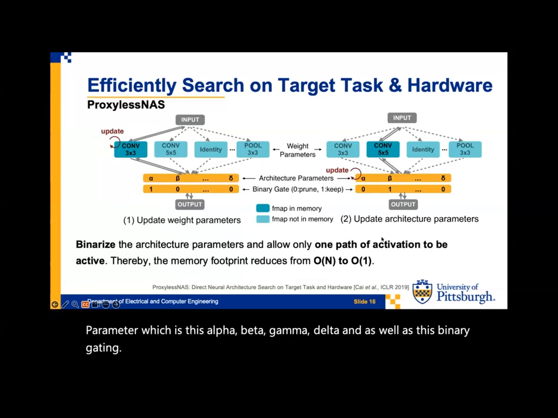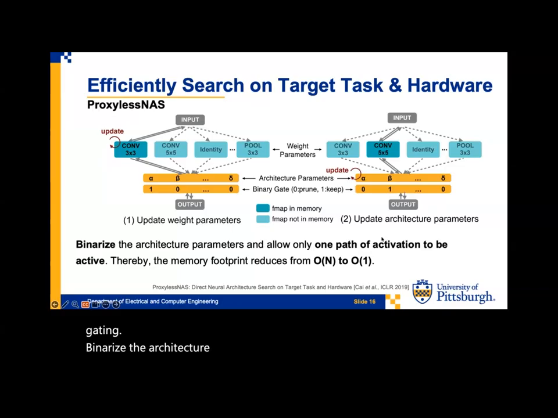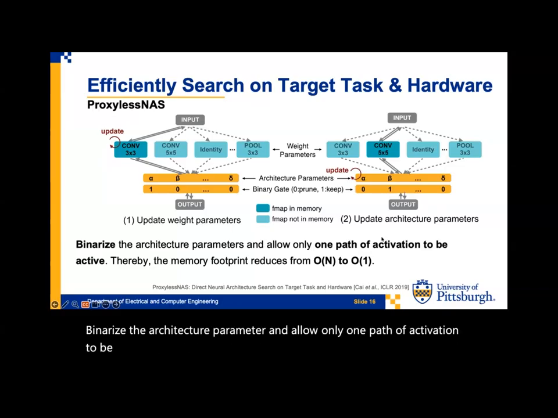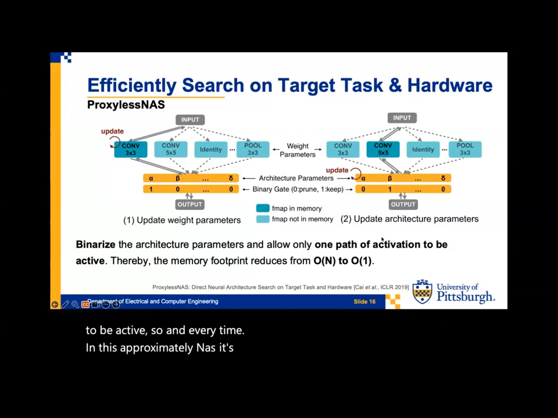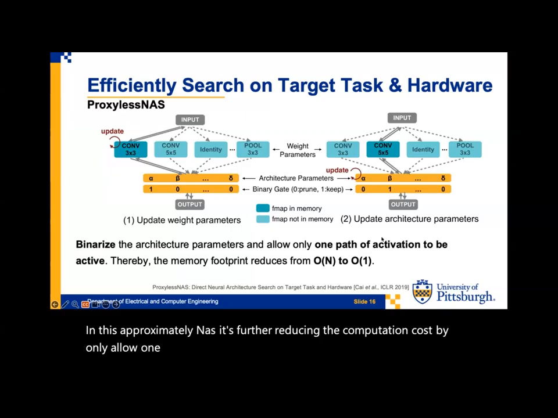So you binarize the architecture parameter and allow only one path of activation to be active. In proxyless NAS, it's further reducing the computation cost by only allowing one path of activation to be activated each time.